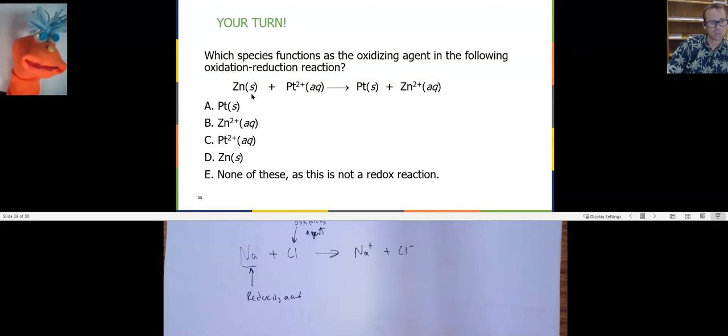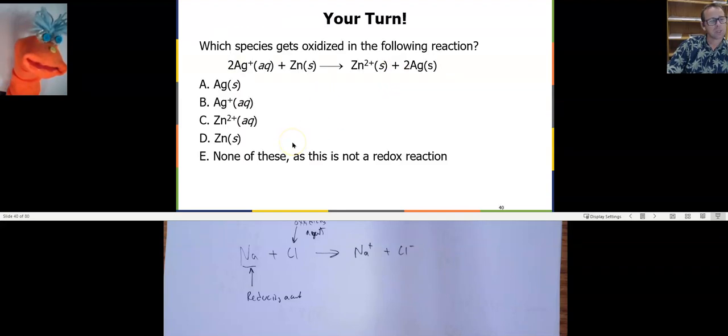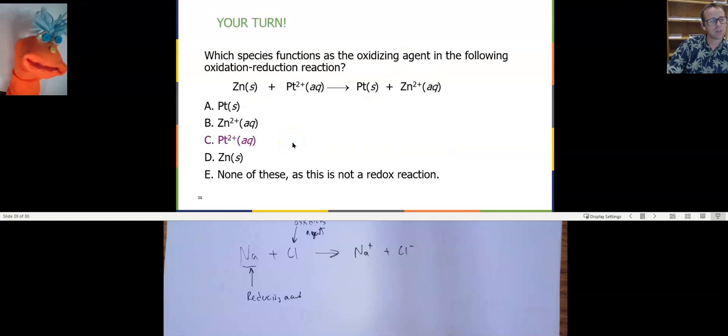So is it the platinum ion? Good, it's the platinum ion. Because zinc here, you see, was oxidized. How did it get oxidized? Something took electrons away from it, and whatever species took those electrons oxidized that species.